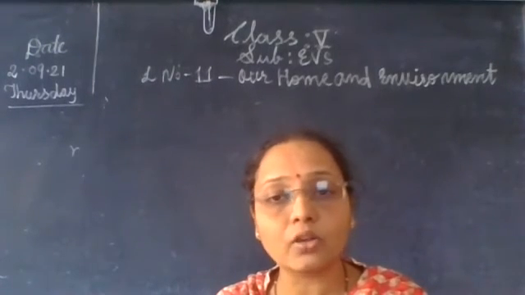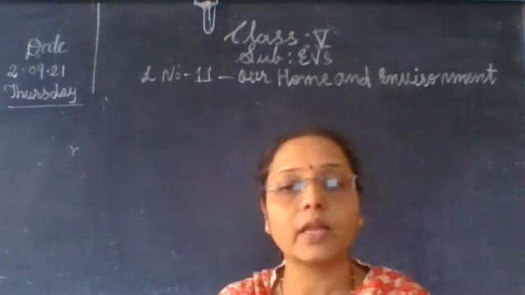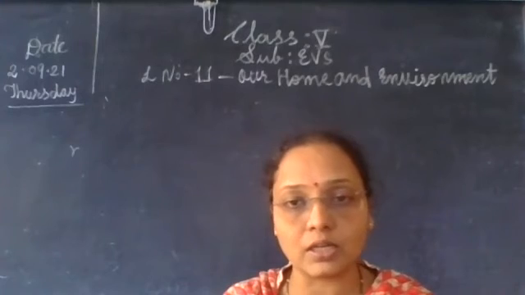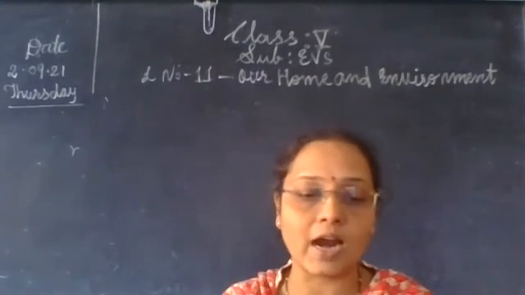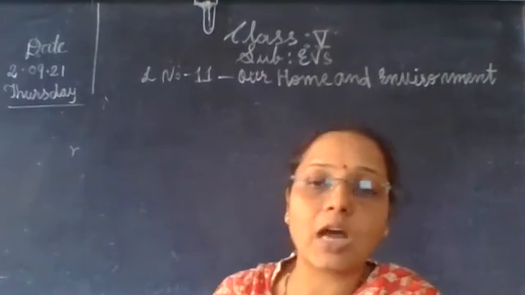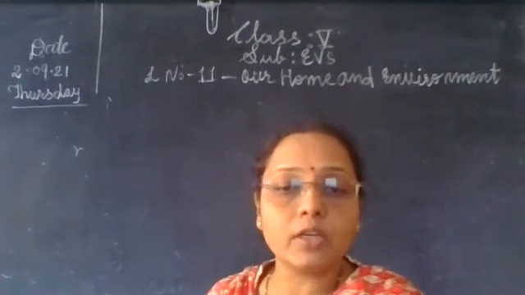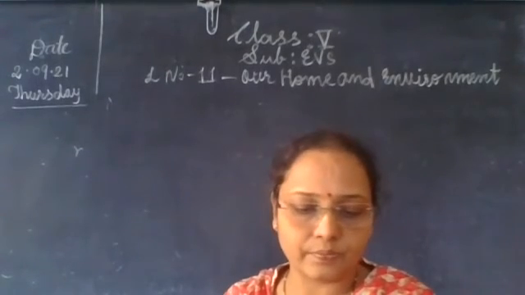Then recycling of water, recycling of garbage should be there. Avoiding artificial materials and artificial colors. Provision of natural light and ventilation in the houses should be there. These are the characteristics of eco-friendly houses that we did in this lesson.